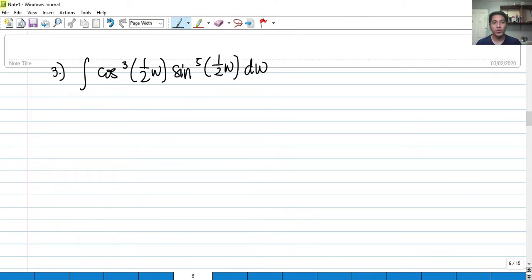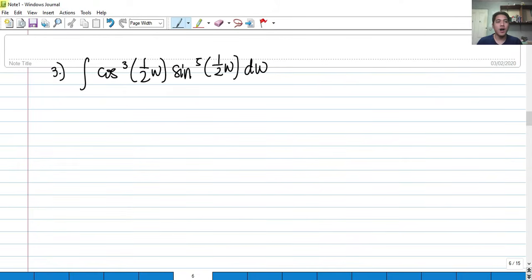So in this case, we can either split a factor of cosine or split a factor of sine. Now, whether you split a factor of cosine or a factor of sine, it would be, again, an acceptable answer when you do the correct process of integration at the end of the solution.